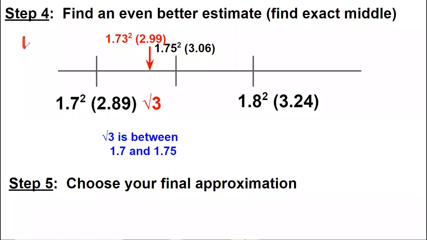So what you could do is you could, again, find the middle between 1.7 and 1.75. How do you find the middle? You add the two numbers up. The lower limit and the upper limit, right?